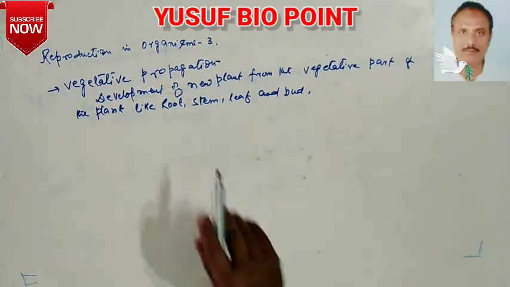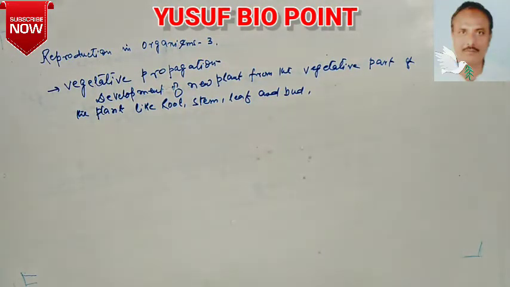They are the vegetative parts from which the new plants are developed. That is called vegetative propagation.